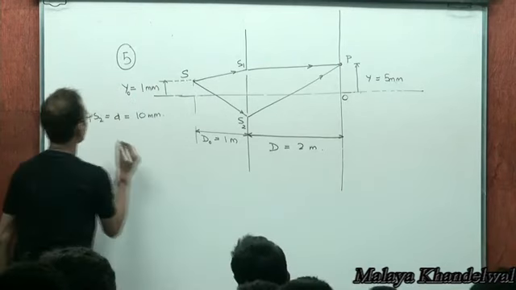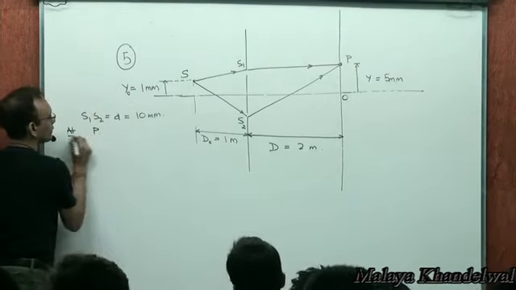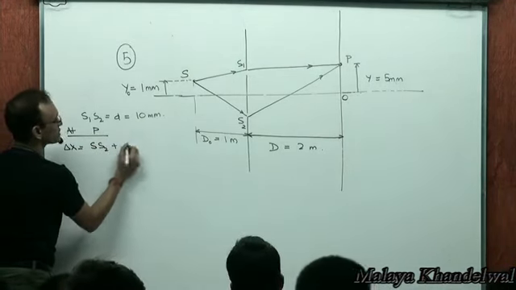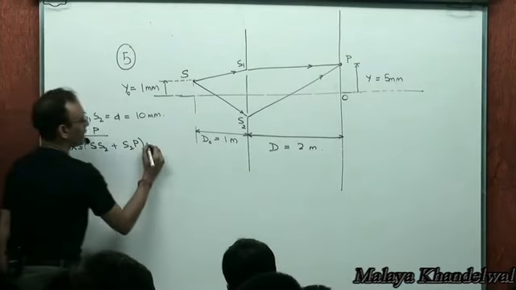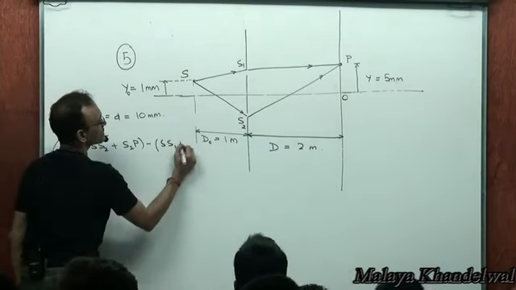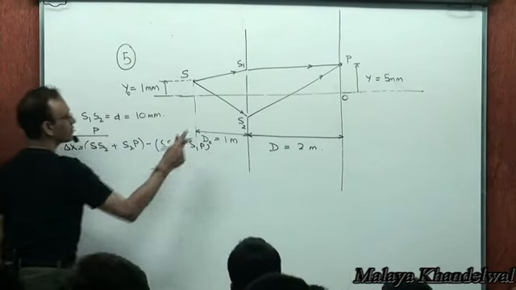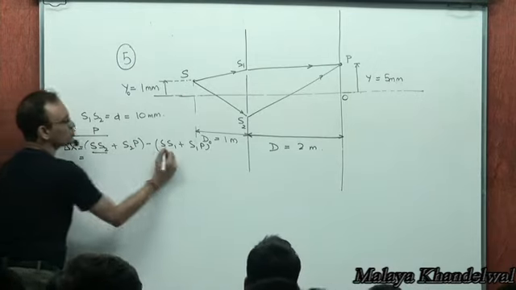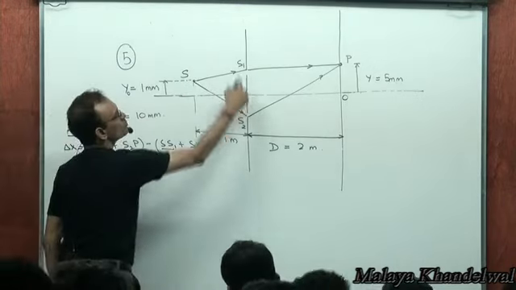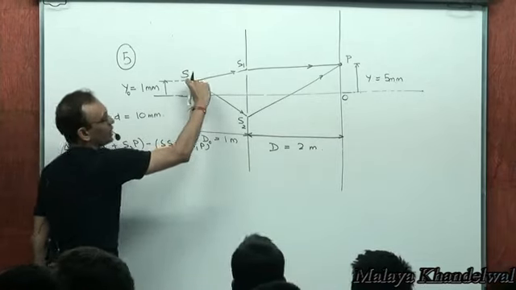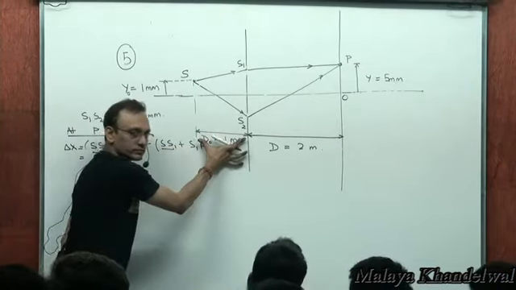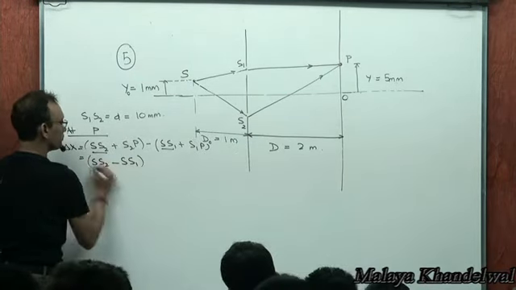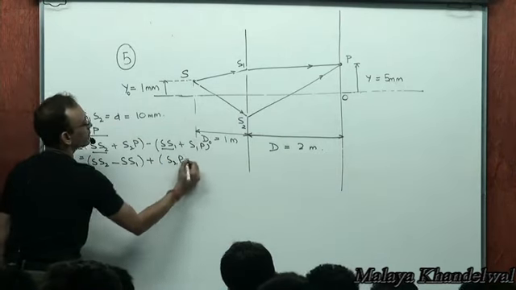So, at P, the path difference is SS2 plus S2P minus SS1 plus S1P. That's the path difference at P, right? This is like SS2 minus SS1 plus S2P minus S1P.